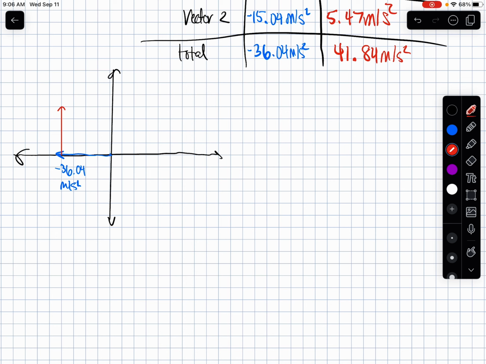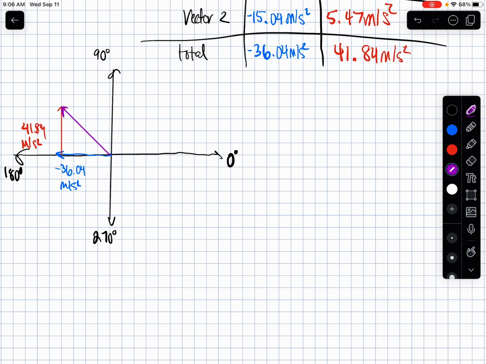Positive is up, so 41.84 meters per second squared. So let's just pause and think for a second. What quadrant am I in here? I'm no longer in quadrant 1, I'm in quadrant 2. Meaning if we go back to that very first video, and we say, here are my angle measurements, just kind of keep that in the back of your head for now.